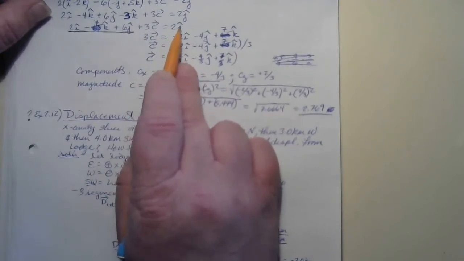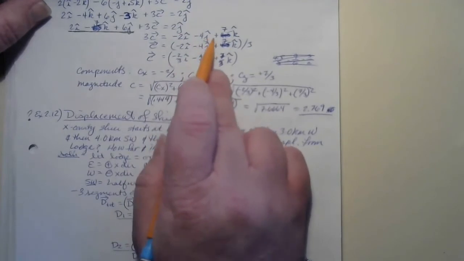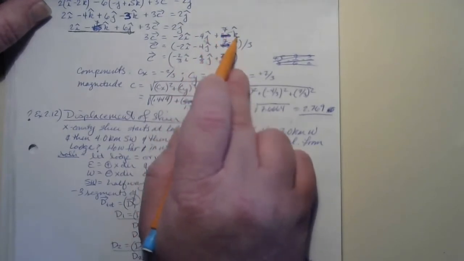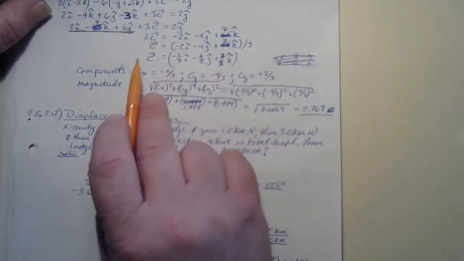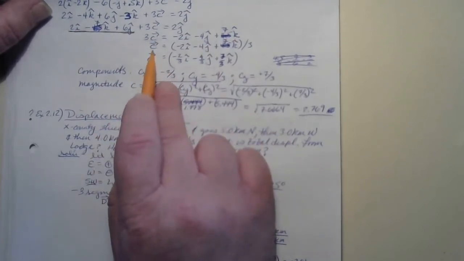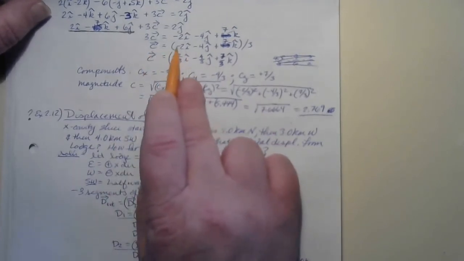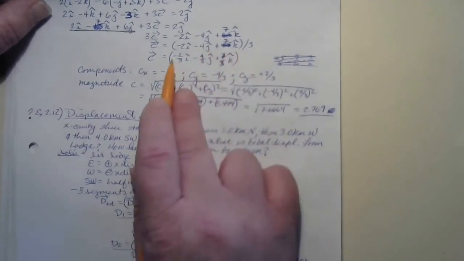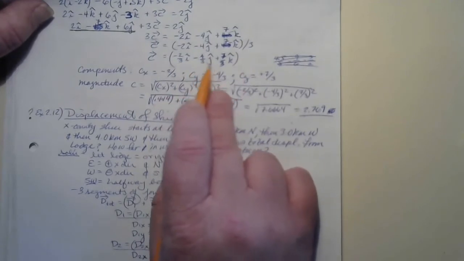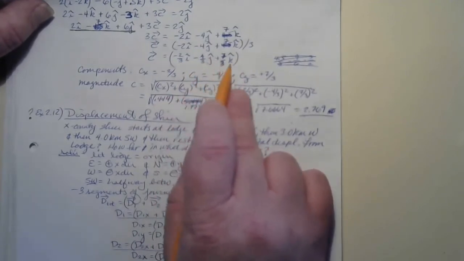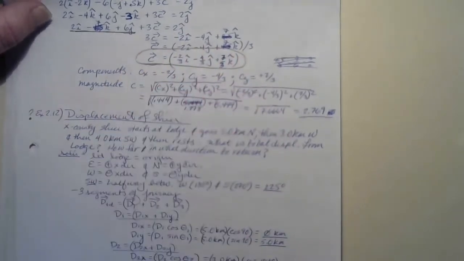And so you end up with 2 minus 6, so that's negative 4 times unit vector J plus 7 times unit vector K is equal to 3 vector C. So for vector C, just divide all that by 3. You end up with negative 2/3 unit vector I minus 4/3 unit vector J plus 7/3 unit vector K. And that would be the equation for vector C.